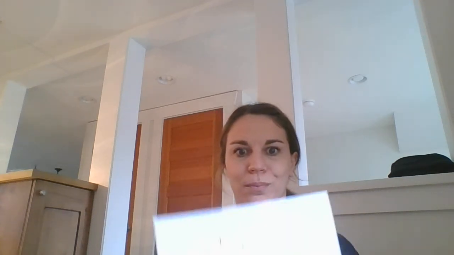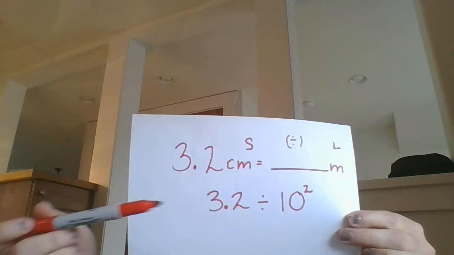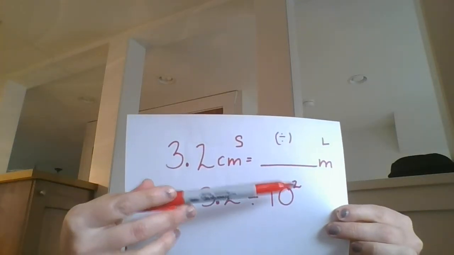So if I am dividing and my answer should be getting smaller, what direction am I going to shift my decimal? Yes, to the left, because it's getting smaller. How many spaces am I going to shift it? How do I know? Yes, 2, right? I'm going to look at my exponent because that's how many steps I took.